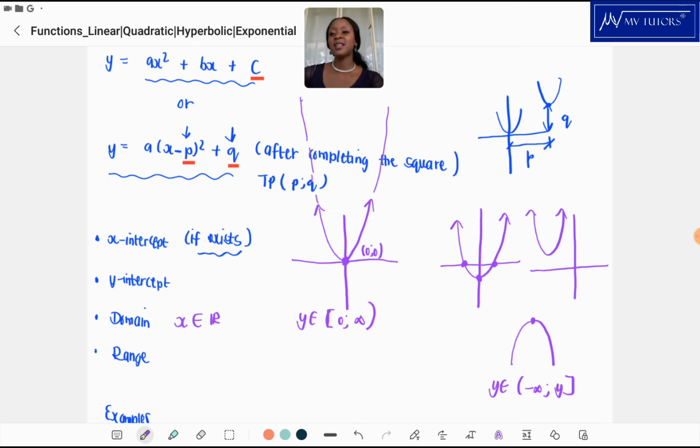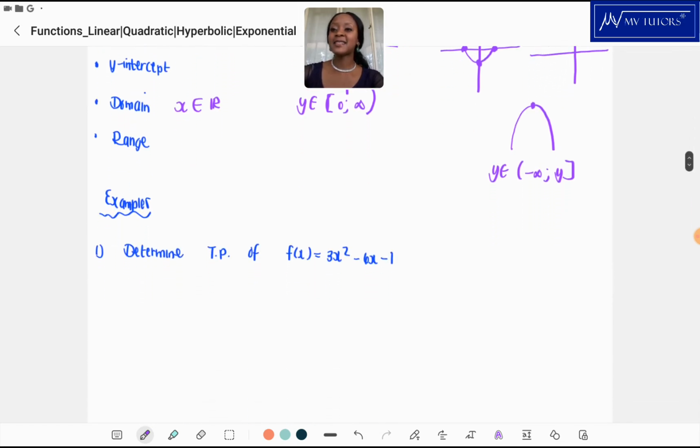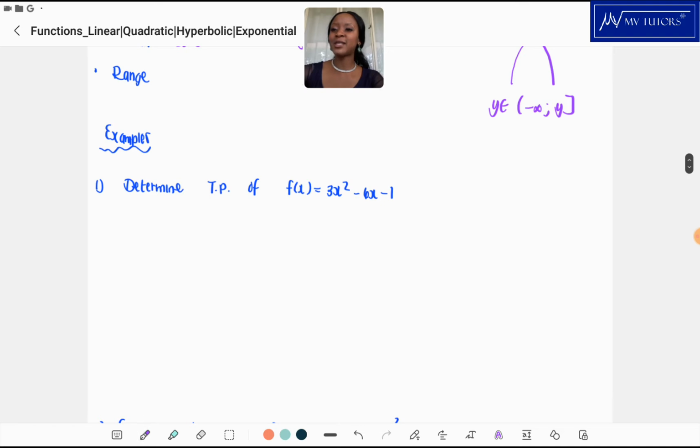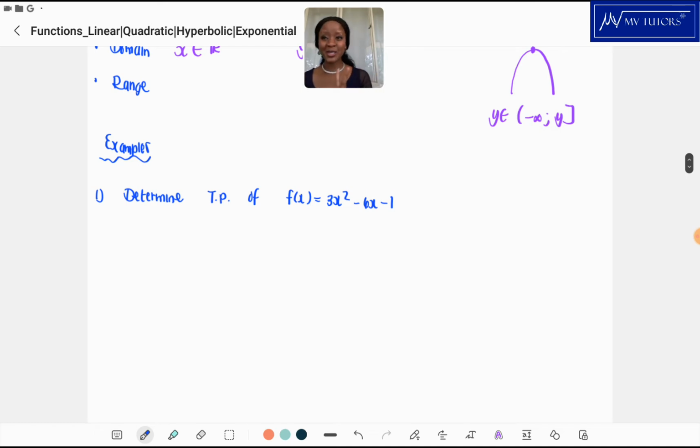Okay, so now let us look at examples. Let's see if we can determine the turning point of this function. There are two ways of doing it.